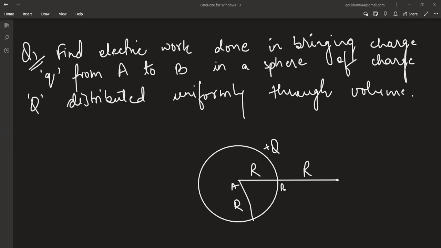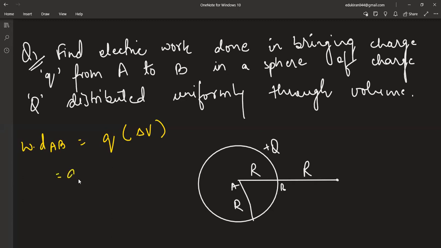What would be the steps? To find the potential. Work done would be q into V. This is right. Work done in bringing it from A to B would be charge multiplied by potential.